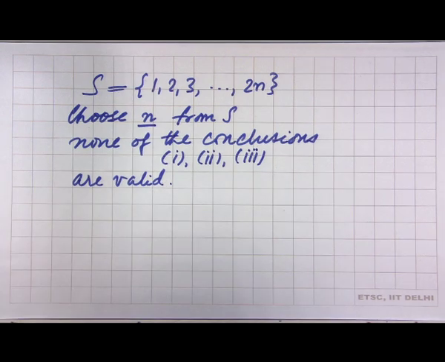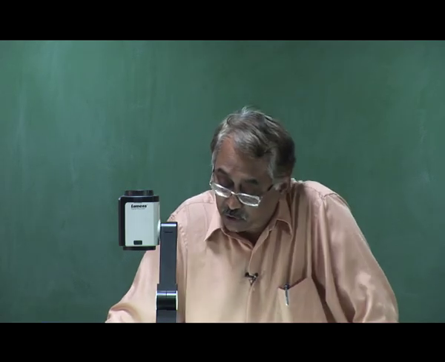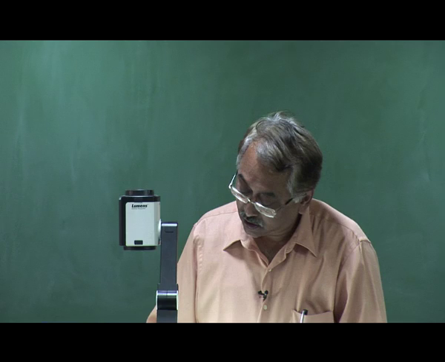None of them hold. So in mathematics, when you're trying to prove something, you're trying to prove it in all different cases. So if there's even one case where the conclusion is not valid, then the statement is not correct. So I'm going to count on that to give you a proof of the fact that n does not work.